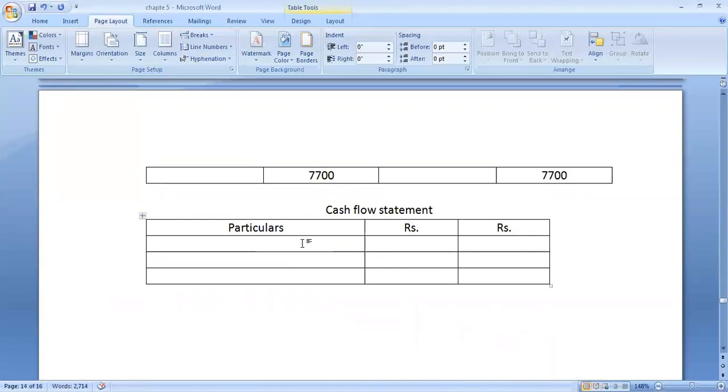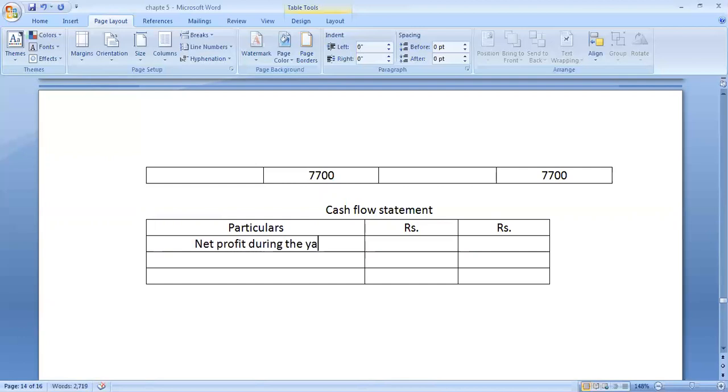Now go ahead with the cash flow statement. So take the net profit, then take all the operating, then also take the investing activity along with the financing activities. Okay. So be very careful while calculating the operating activity. I'm repeatedly telling you, because more items are added in the net profit during the year.